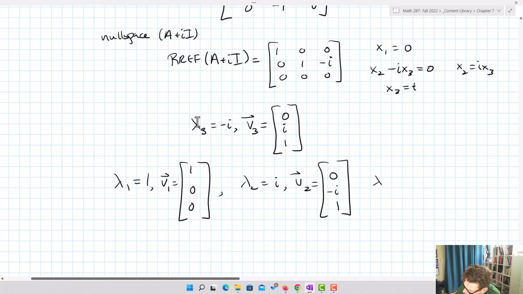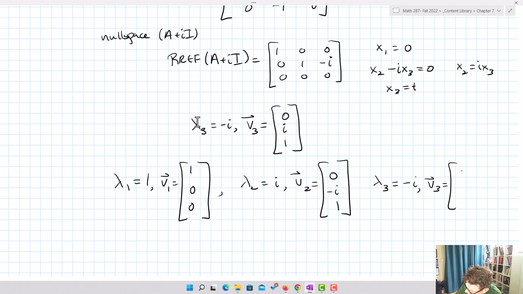And then lambda 3, the eigenvalue, equals negative i, and v3, the eigenvector, equals 0, i, 1. And that completes the finding of our eigenvectors and eigenvalues for this matrix A.